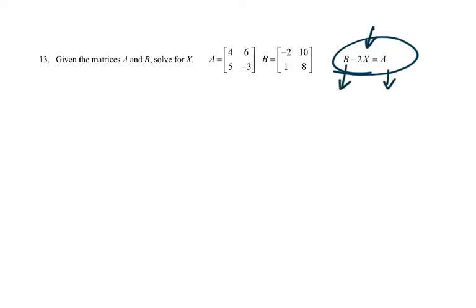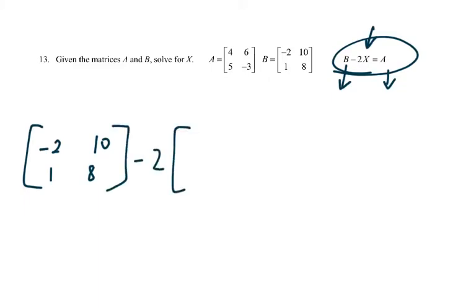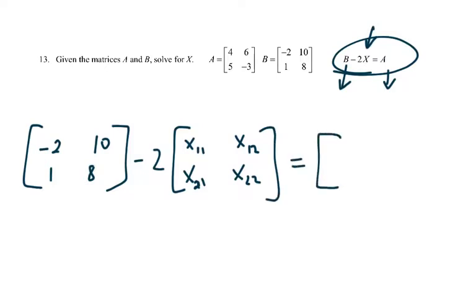So I have B, which is negative 2, 10, 1, and 8, minus 2 times X. I'm going to call this x11, x12, x21, x22, which has to equal my A matrix, which is 4, 6, 5, negative 3. So essentially we have here a very small series of 4 equations where we're solving for x.